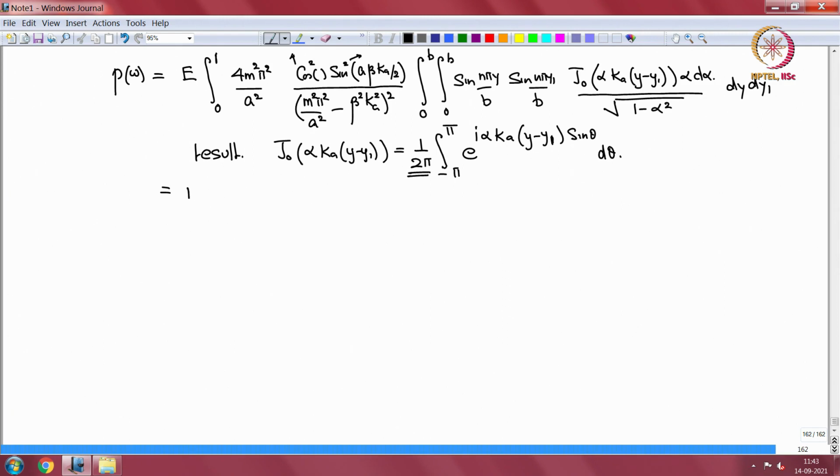So e by 2π, integral 0 to 1, 4m²π²/a², so either cos squared or sin squared of aβk_a/2, divided by (m²π²/a² − β²k_a²) whole squared.